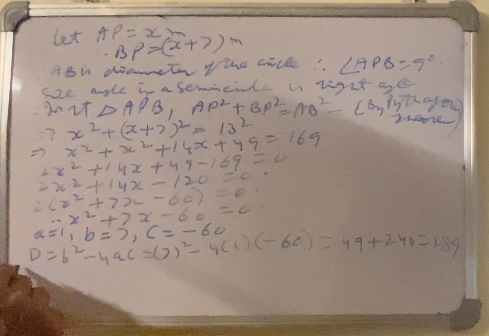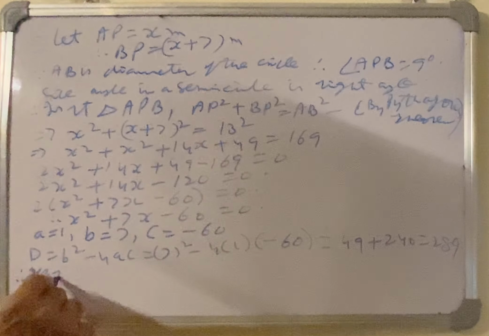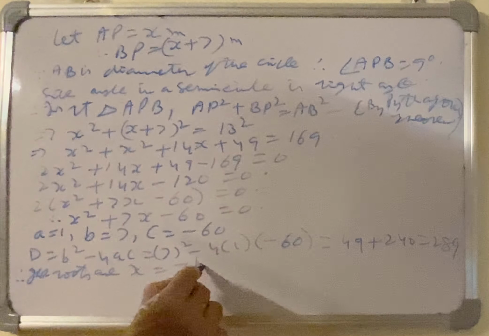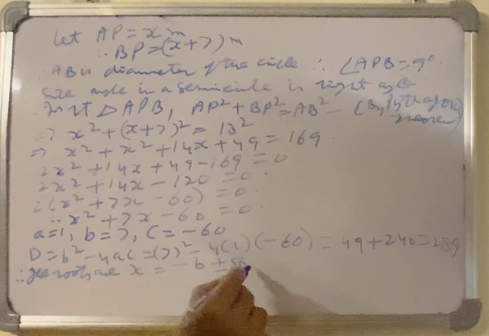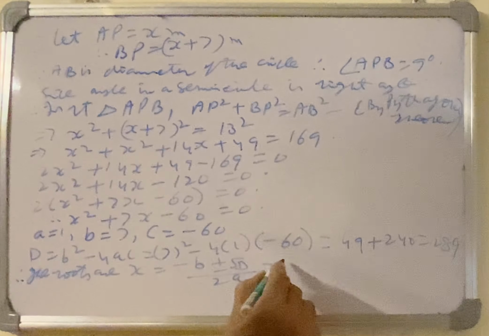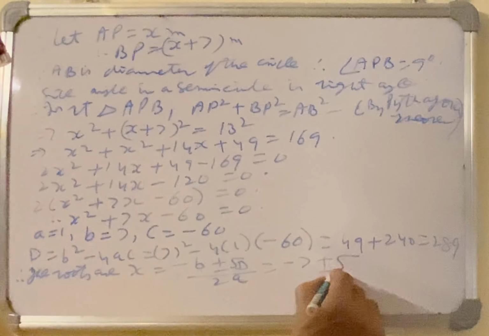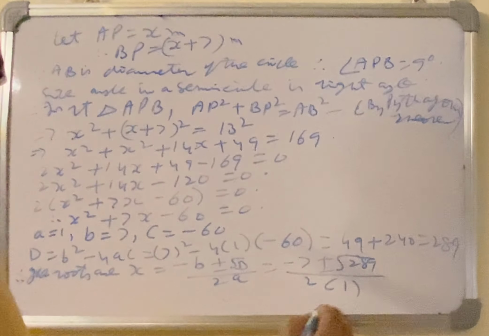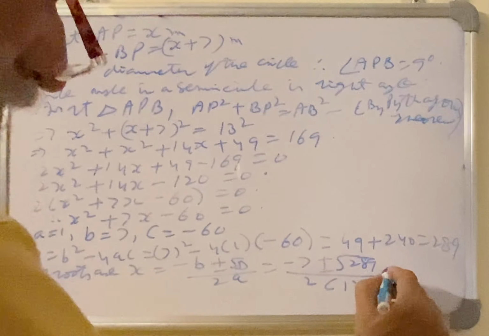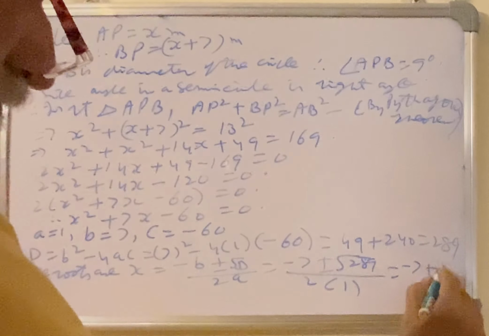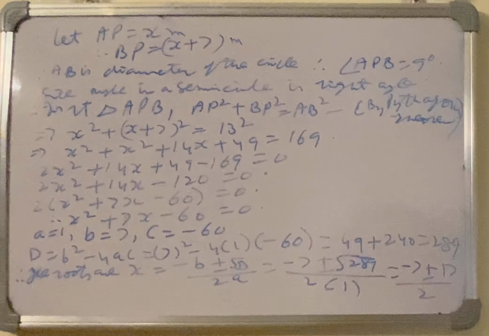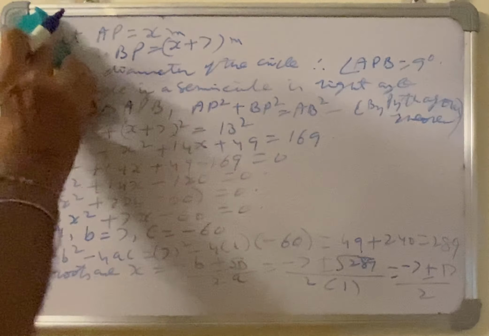Therefore, the roots are x is equal to minus b plus minus square root D over 2a, minus 7 plus minus square root 289 over 2 into 1, which is minus 7 plus minus 17 over 2. Square root of 289 is 17.